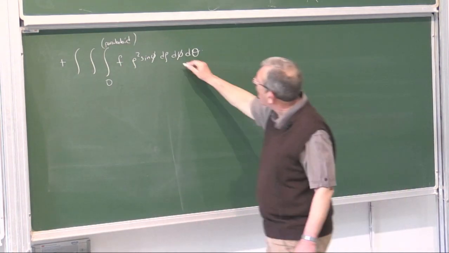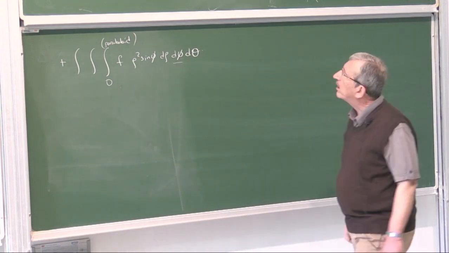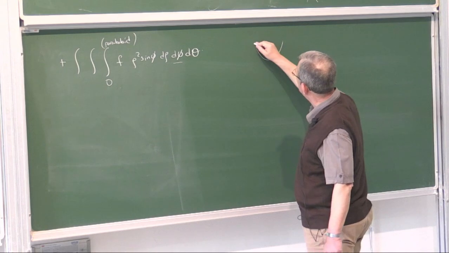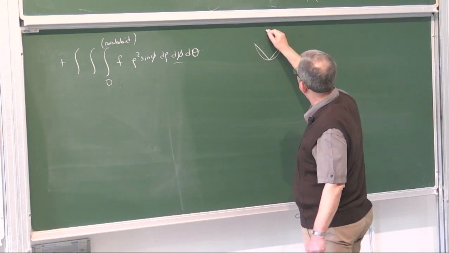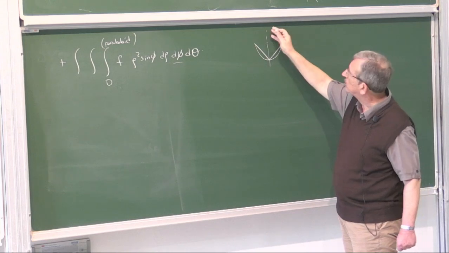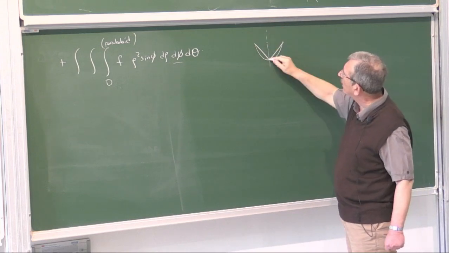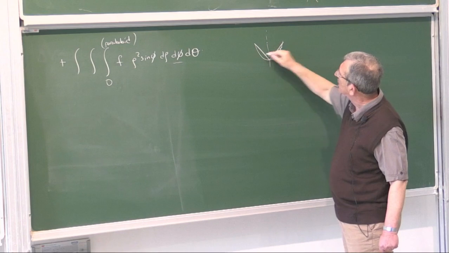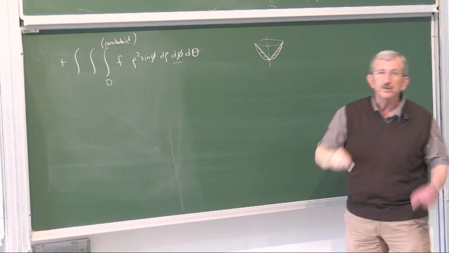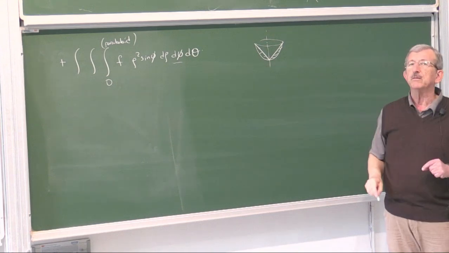In the meantime, phi, well, phi does not start from 0, because when phi is 0, we are on the z-axis, it's not in here, even though you rotate it, because the middle part is empty.